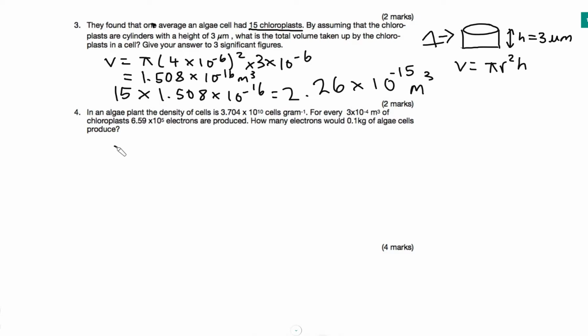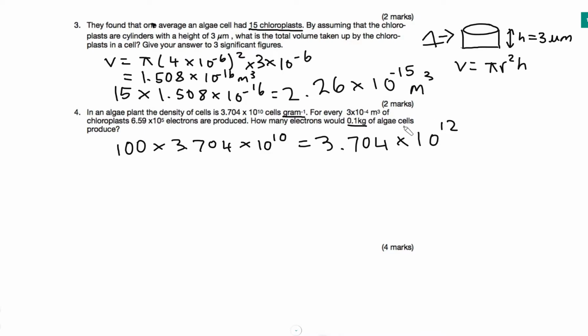So to work out the number of cells, we can do 100, because remember this is in kilograms and that is in grams, so we have to convert one to the other. So 100 times 3.704 times 10 to the 10 ends up as 3.704 times 10 to the 12 cells.